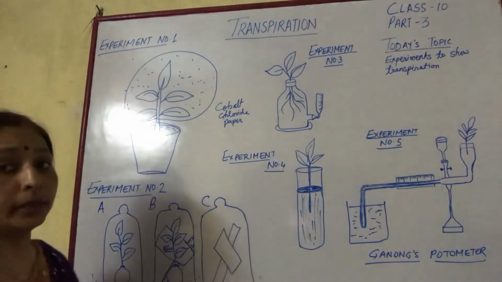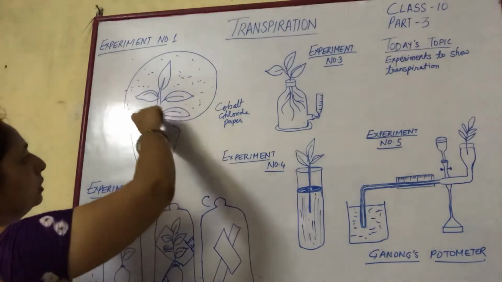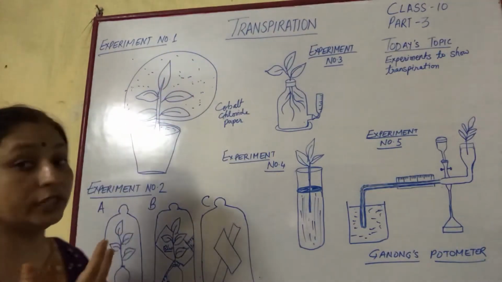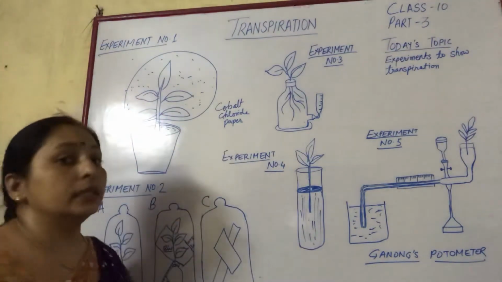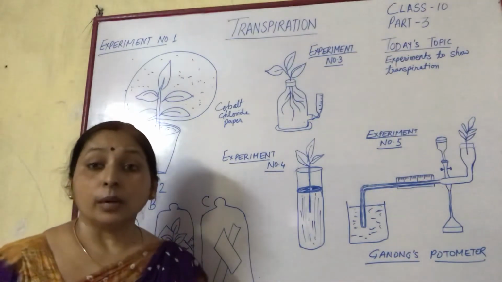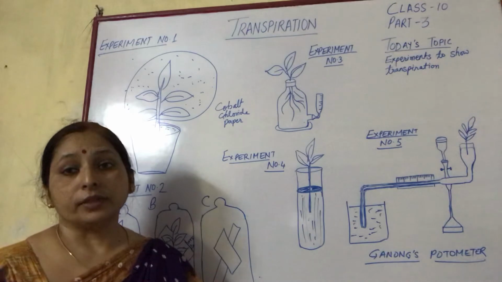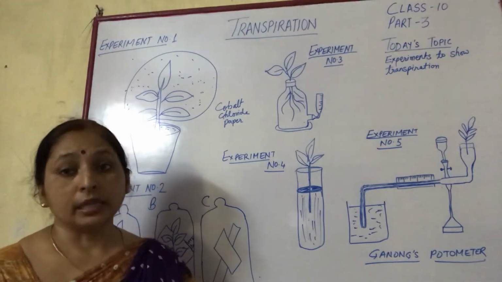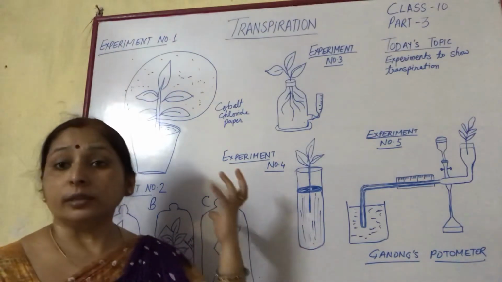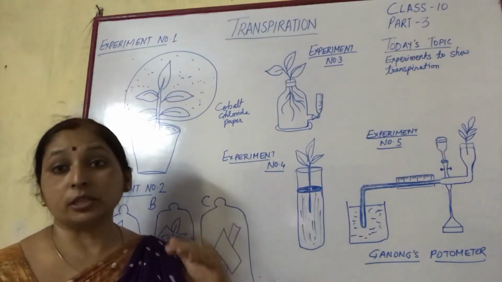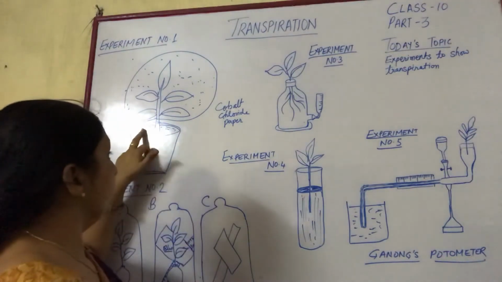In the first experiment you can see a potted plant, and the leaf surface is covered with a bag-like structure. In this experiment, a well-watered potted plant is taken, and the plant is covered with a polythene bag from the base of the plant. Not the complete potted plant, because water may evaporate from the soil surface.